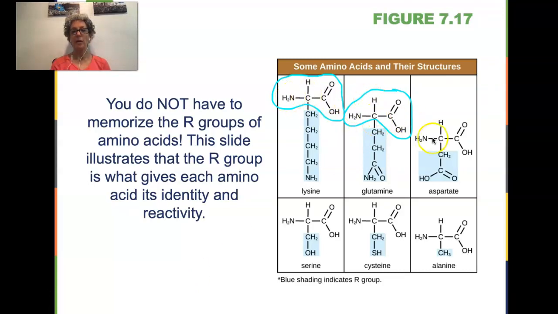So that is the backbone of each amino acid. Only their R groups vary. So when we see in the next slides, when we build a protein, we are never going to have reactions between the side chains, the R groups. The reactions are going to be between the carboxyl of one amino acid and the amino of the next.